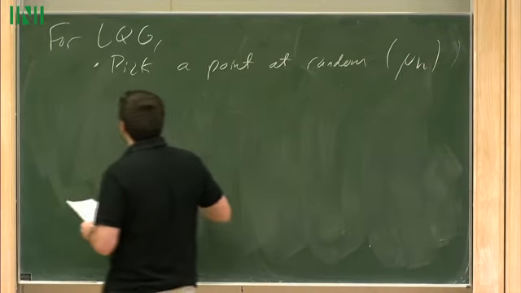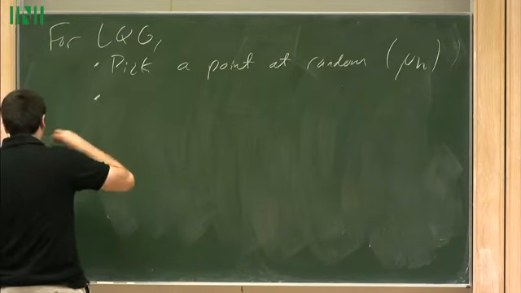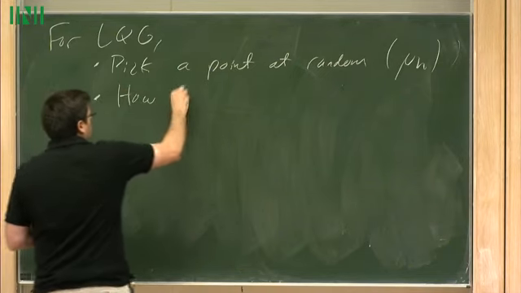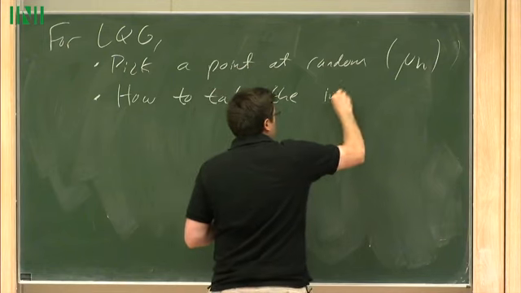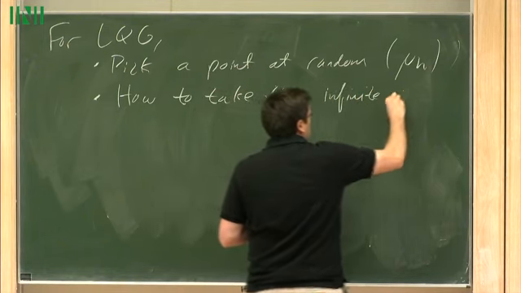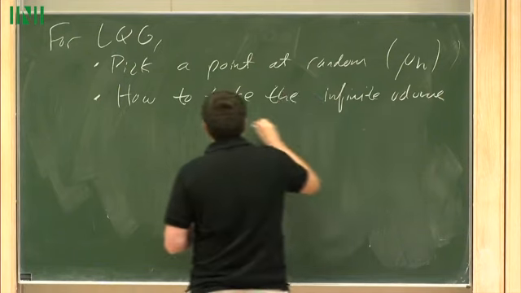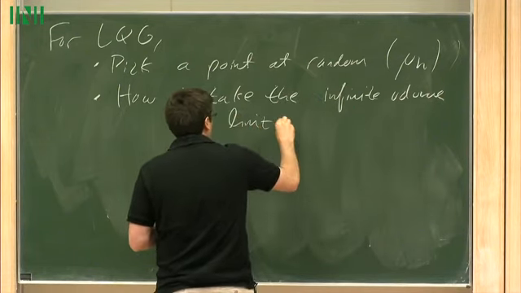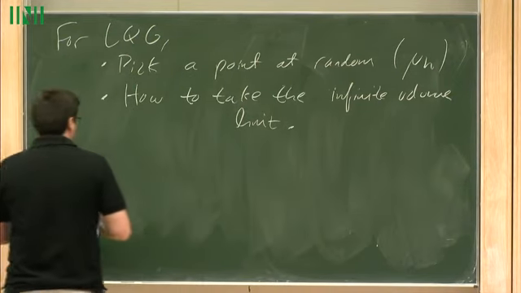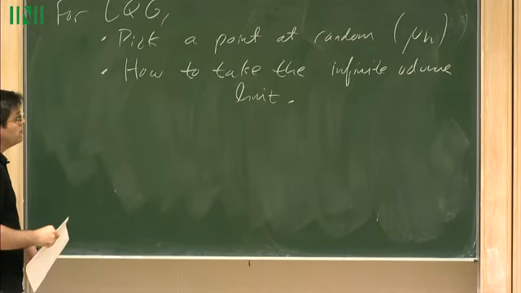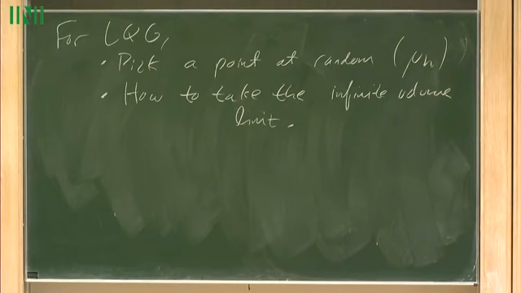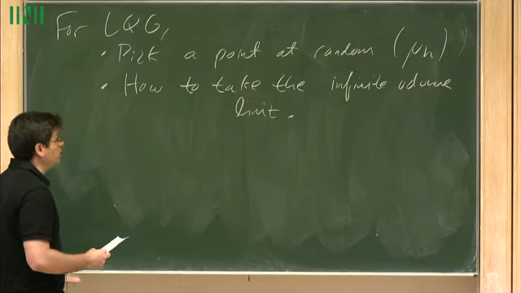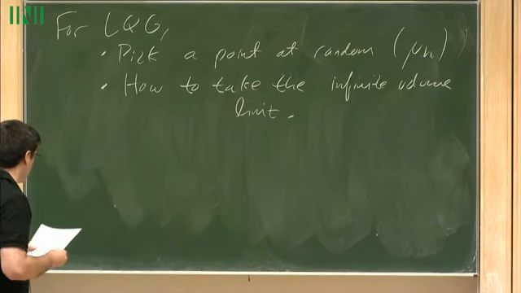And you also have to decide how you're going to take the infinite volume limit. Okay? So I want to try to explain to you how this works, because once you see that this is the right procedure to perform, then it's not so difficult to derive the right definition of this quantum cone.